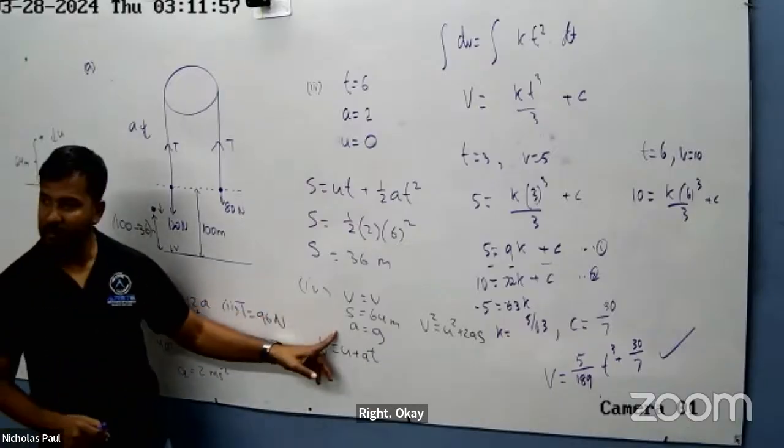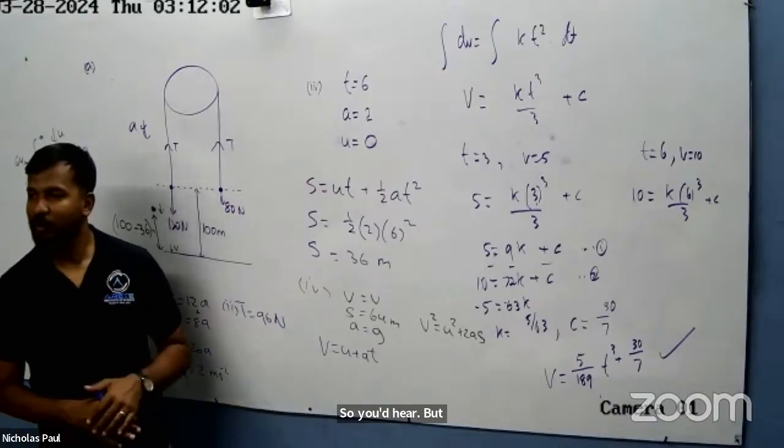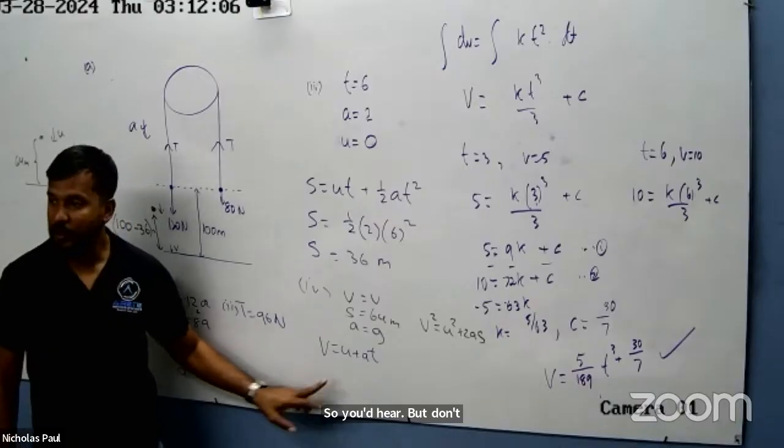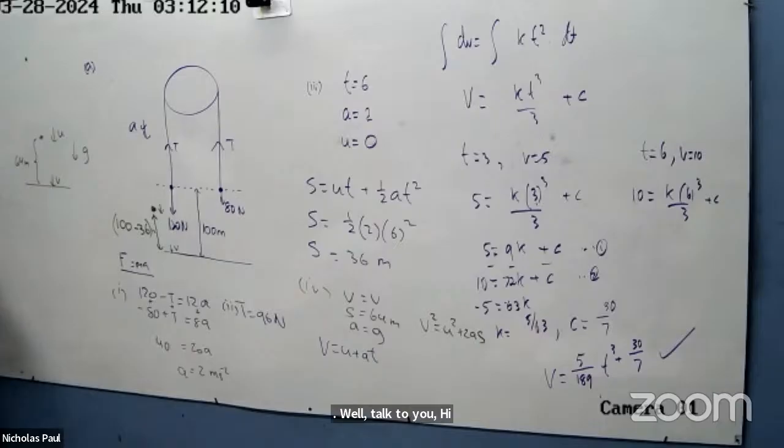Substitute here. But I don't know V. I think this is the equation you have to use. Think about it. The only hint is you have to use that equation.